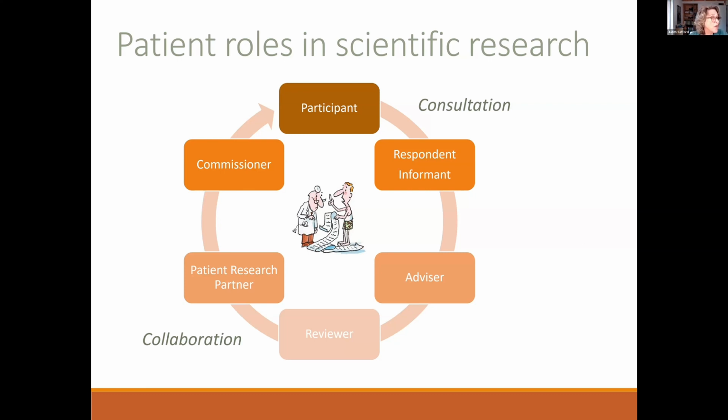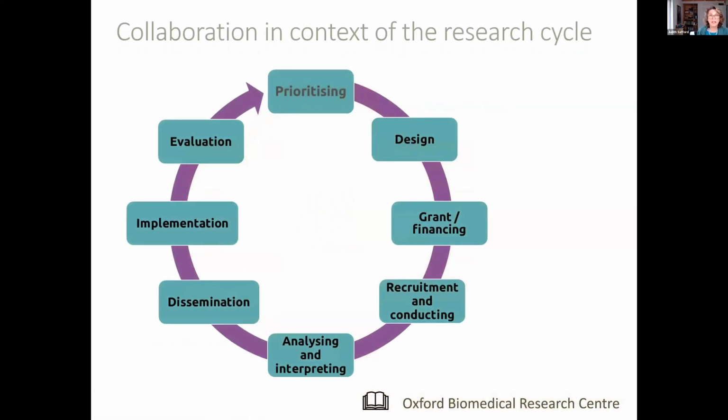Your needs in a research project can be defined in a research cycle, and you've surely all seen this before. Some of the cycles have 5 steps, and this one has got 8 from the Oxford Biomedical Research Centre. We start with prioritization. That's deciding what is the question we want to research.